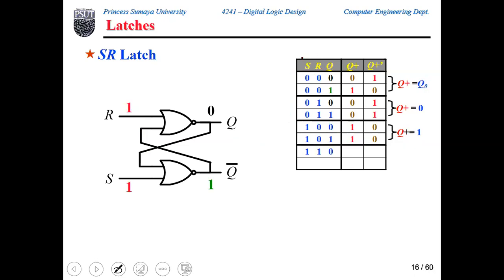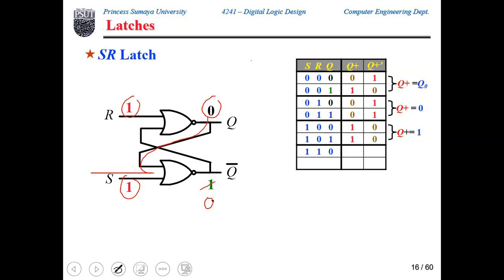Now the fourth possible input combination is 1, 1, when R is 1 and S is 1, and this is very important here. Let's start by assuming that Q is 0. The initial stored value is 0. If you try to analyze it, 0 or 1 is 1, complement is what? 0, right?